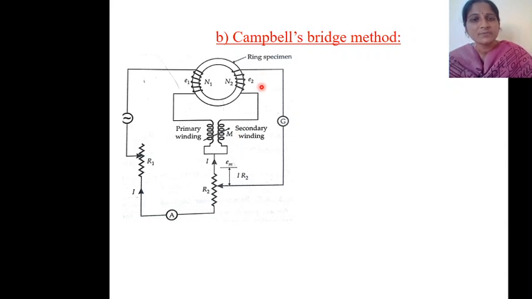At that time only there is no current in the galvanometer, such that the bridge is balanced. For this purpose, you can modify only R2 and the mutual inductance. Either you can vary M or R2 to make the bridge balance. Whenever the bridge is balanced, the galvanometer deflection is 0. At this zero point only you can calculate the iron losses.